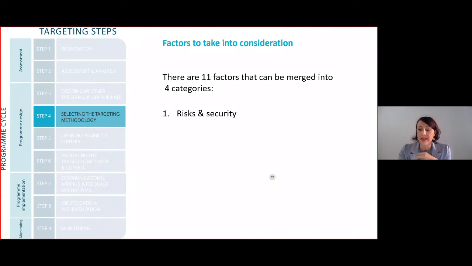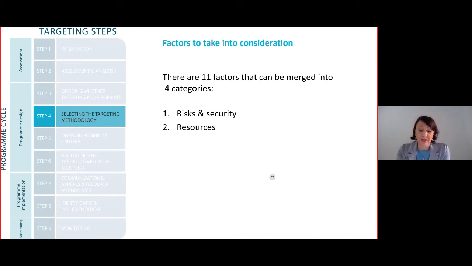So will this method put certain targeted individuals at risk? Or which are the political and the security concerns that restrict the mobility and then will facilitate or not the implementation of a targeting strategy? And which of these risks or security will affect the implementation of the targeting per se?